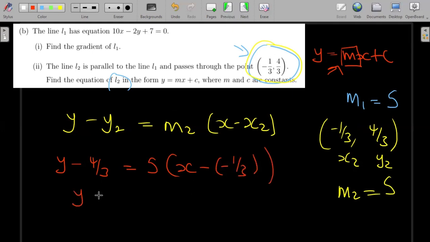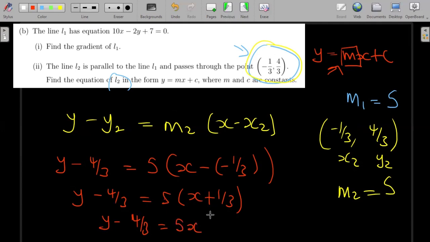So we are going to have y minus 4 over 3 is equal to 5, and then here to be x plus 1 over 3. Right, from here, let's expand what we have on the right. So we're going to have y minus 4 over 3 is equal to 5x, and then 5 multiplied by this, it will be 5 over 3. So this is what we have here.